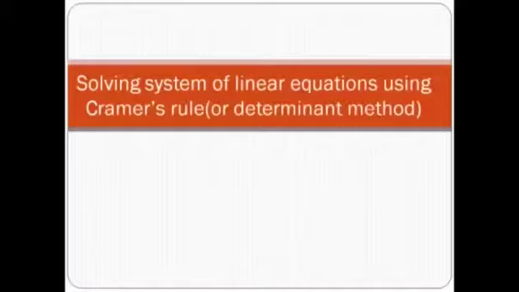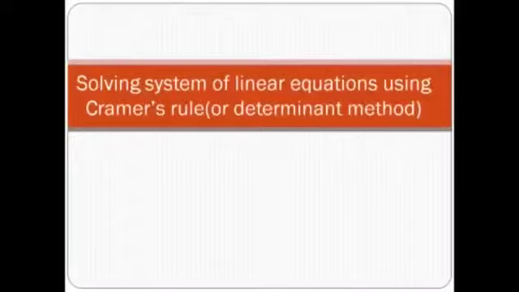So as you have already gone through, there are two methods of solving system of linear equations. First being the matrix inverse method or matrix method, and the second method is Cramer's rule or determinant method.